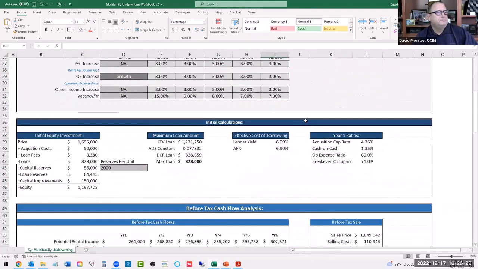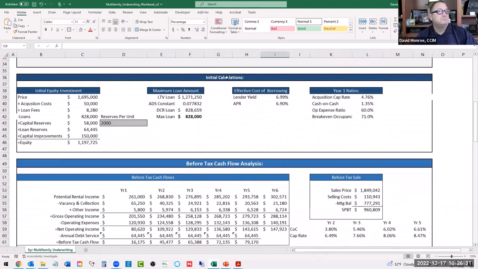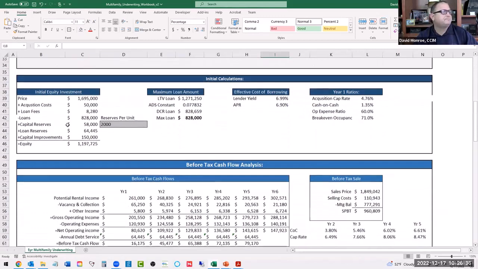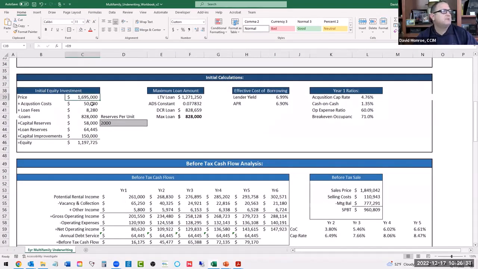So here's my calculations from what we inputted. We got our price, we got our acquisition fee, our loan costs, minus our loan. Now, let's talk about the loan, maximum loan amount. So if my debt service coverage ratio made it in year one, I could get a loan to value of $1,271,250.